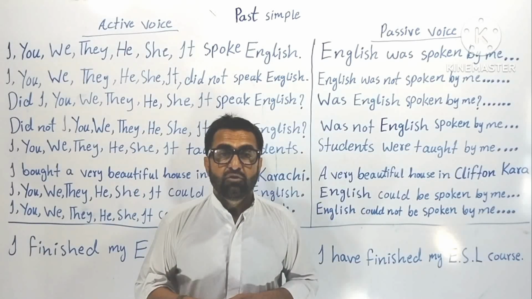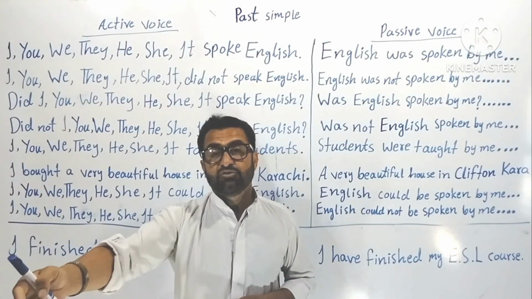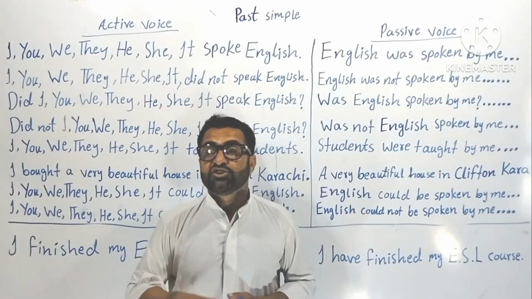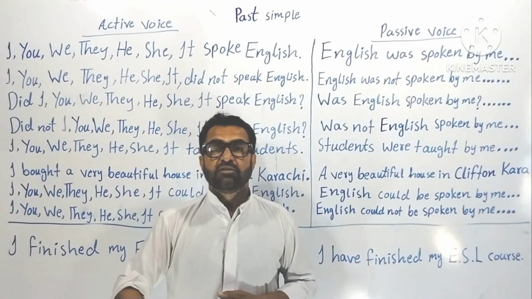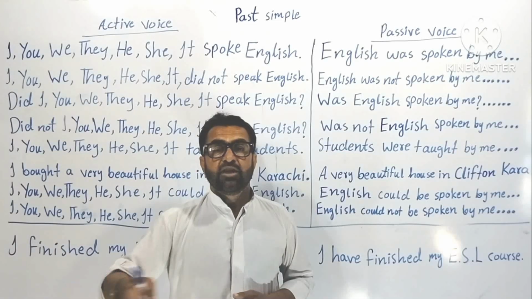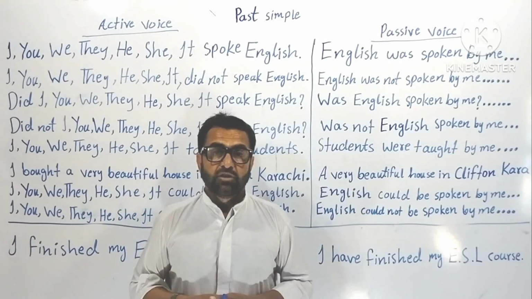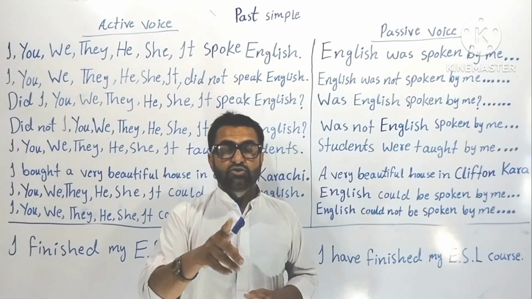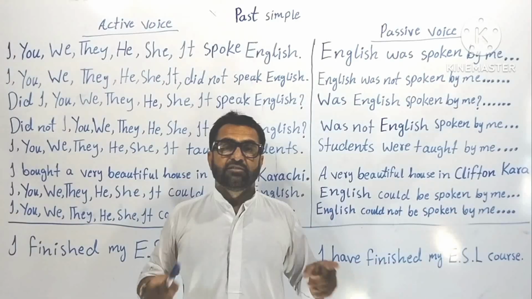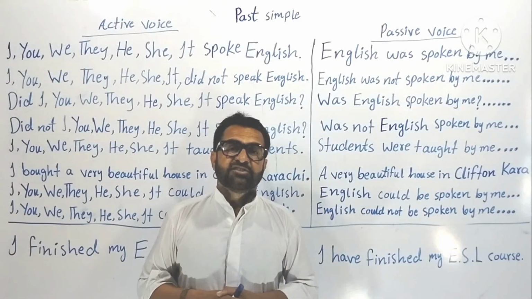Why do we do so? Because the person is next to us, in front of us. That's why we don't take his name. We don't say you come here, you do this, you do that, because he automatically knows that I'm talking to him, none other than him. So without a subject, a sentence is incomplete. That's why a subject is needed.